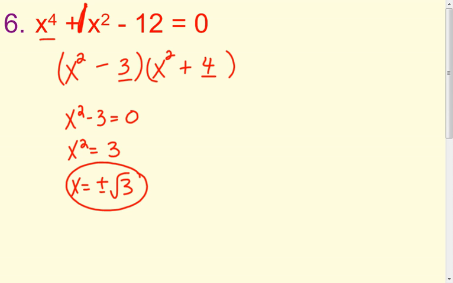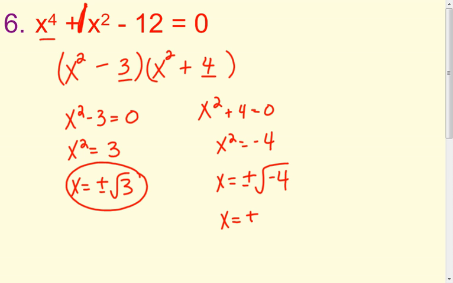Okay. And then this one, x squared plus 4 equals 0. So x squared will be negative 4. So x will be positive or negative square root of negative 4, which of course will be 2i. Because a negative is under the square root, you need to make sure you have that imaginary number or that i with it. Okay? And I think that should do it.